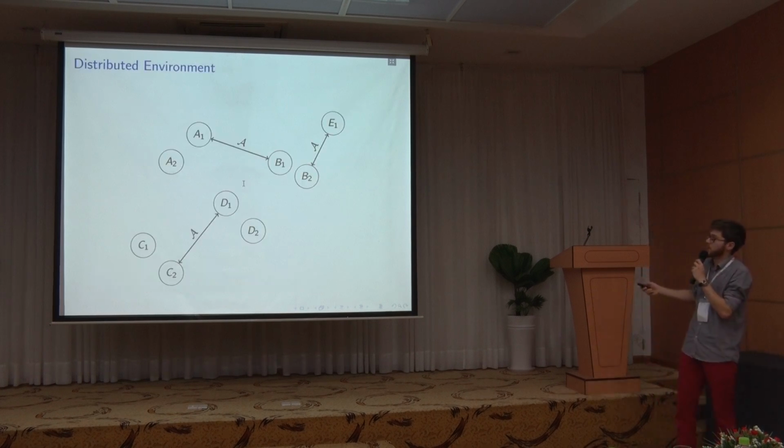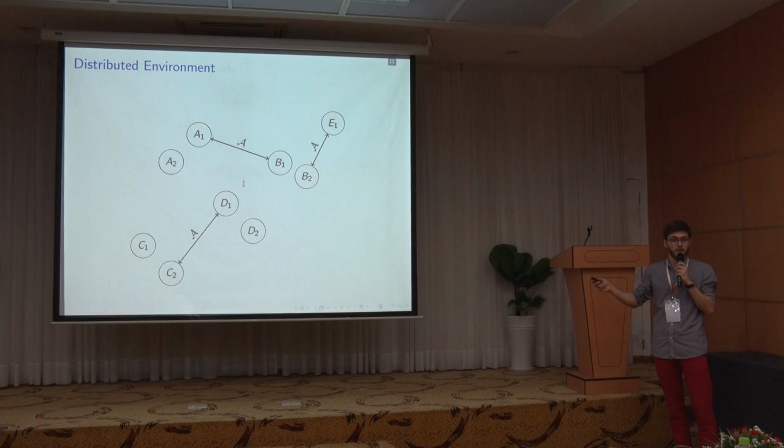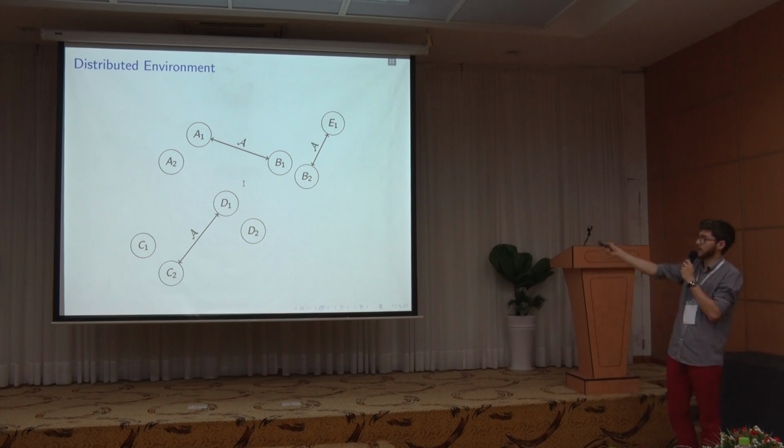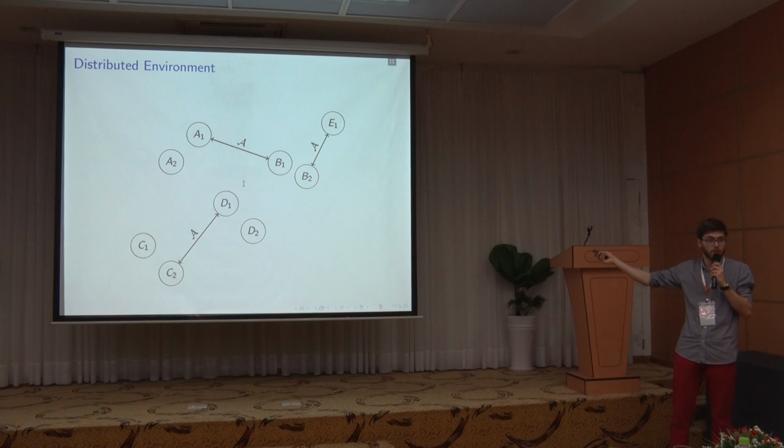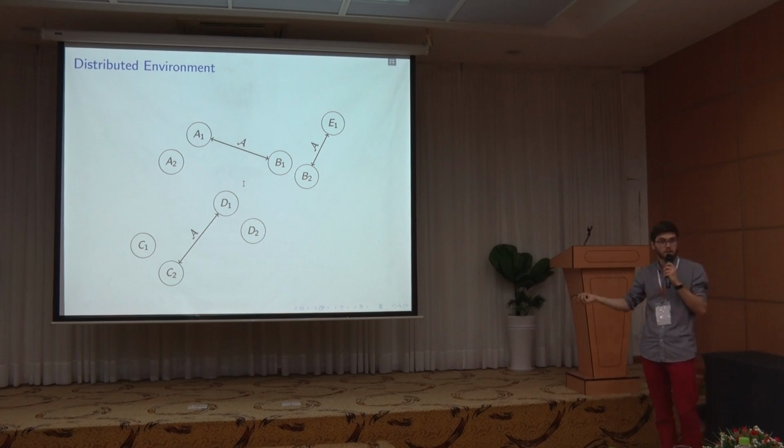So this is an illustration of a distributed environment. We see that we have several sessions from different identities, and these sessions actually don't talk to one another on their own. The adversary is responsible for making these conversations happen. So here we have honest conversations. The adversary is just relaying information.